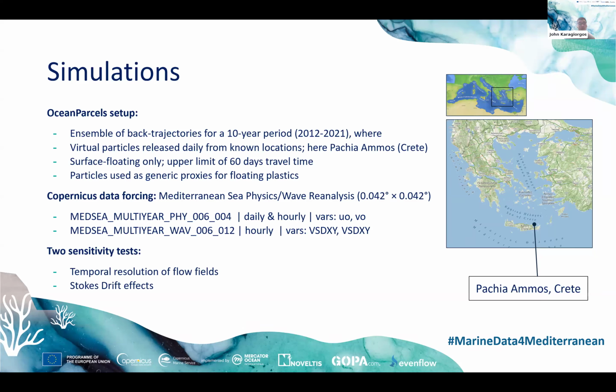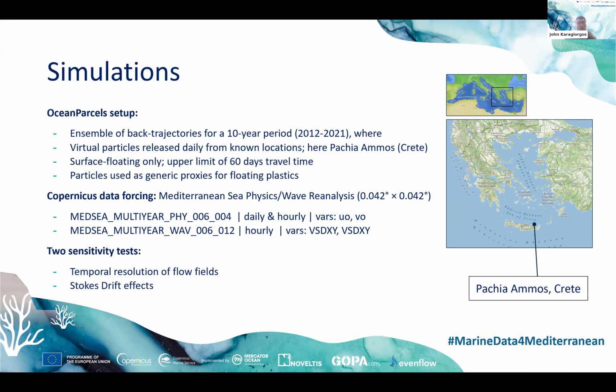For the forcing of the Ocean Parcels model we use Copernicus reanalysis products for the Mediterranean at a high spatial resolution of about 4.5 kilometers. Specifically, we use the surface currents from the physics reanalysis, both at daily and hourly frequency, and from the wave reanalysis, we use the Stokes drift velocities at hourly frequency.